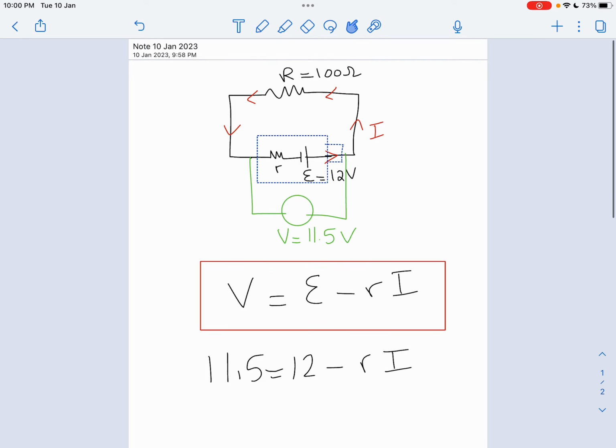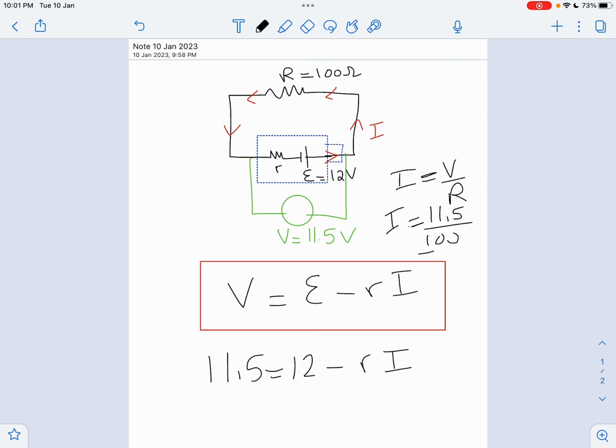So the current I is simply V over capital R. So I is 11.5 over 100. And what will be the value of this current? 11.5 divided by 100 is 0.115 amperes.